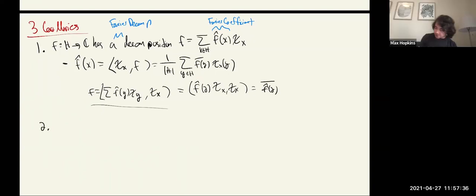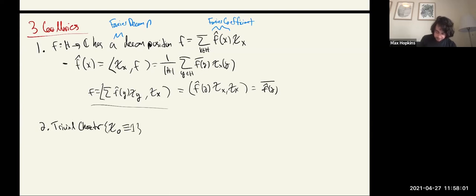So the corollary number 2 that I wanted to mention: I've said before that the trivial character will actually be important. So why? Well, f hat of the trivial character is always denoted chi 0. And remember that this is equivalent to 1.